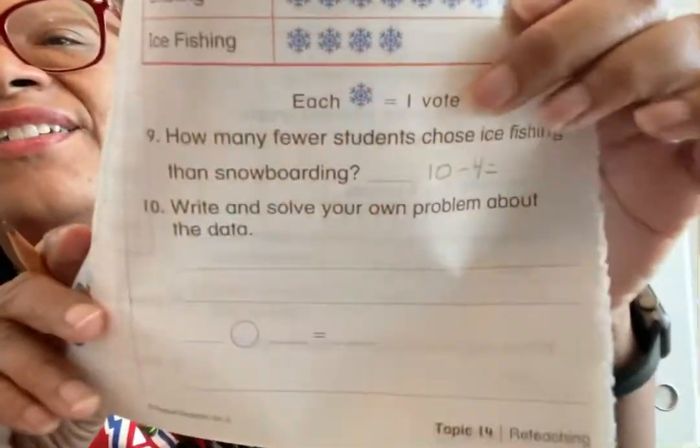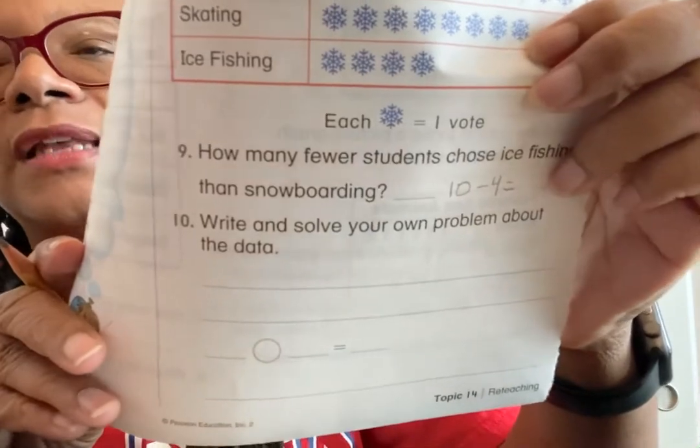Write and solve your own problem about data. Now, for this one, we had 10 minus 4 equals, and that's for number 9. Figure that out. And for number 10, you write and solve your own problem.